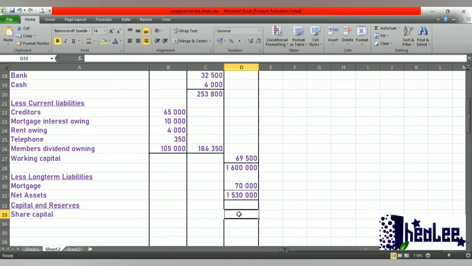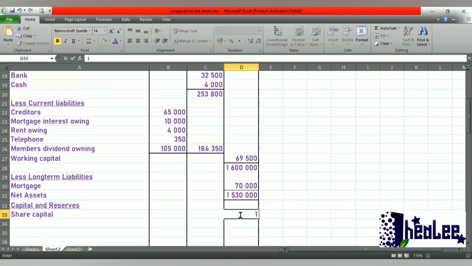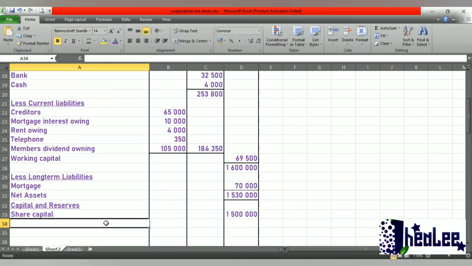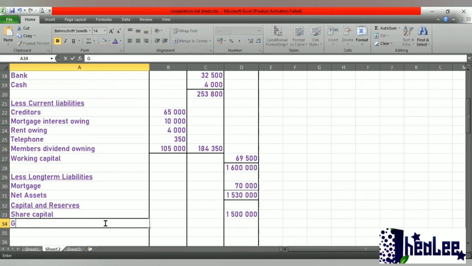And the share capital value, remember, we had calculated that earlier, and that is $1,500,000. To this now, you would add all the reserves. And from this question, we only have the general reserve. But remember, there may be others.